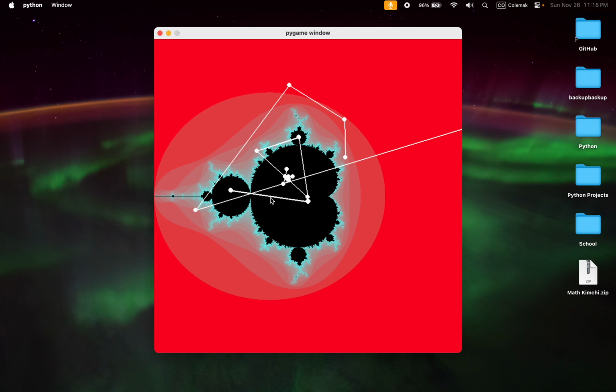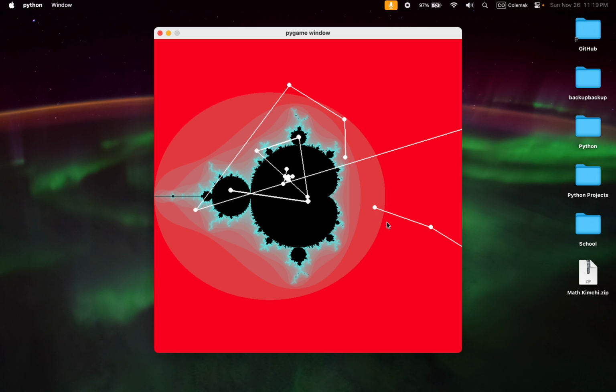The way we compute that is by saying if any of these iterations ever leave the circle with radius 2, then we will know that it's never going to come back, and we can say that it just goes off to infinity.